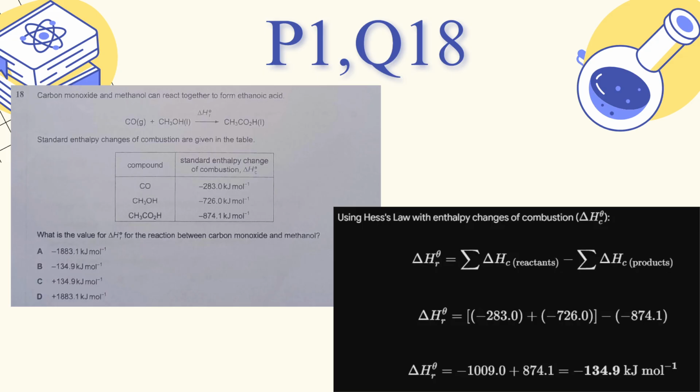Minus 283 plus minus 726, then plus 874.1, which gives minus 134.9. The answer is B.